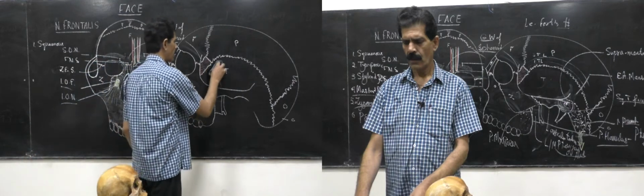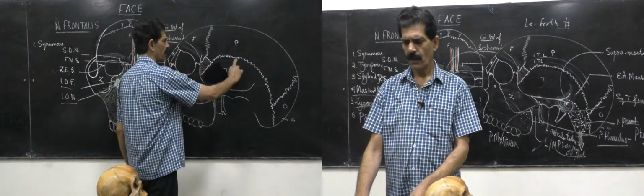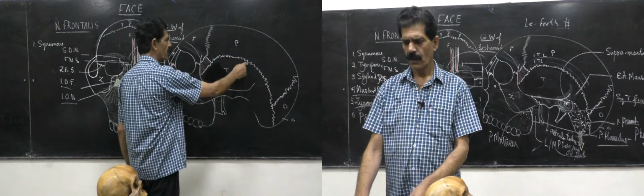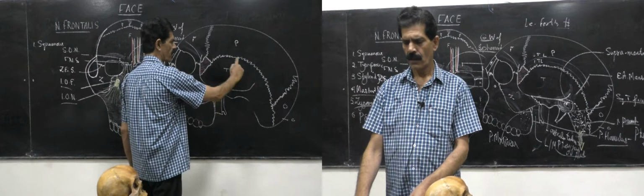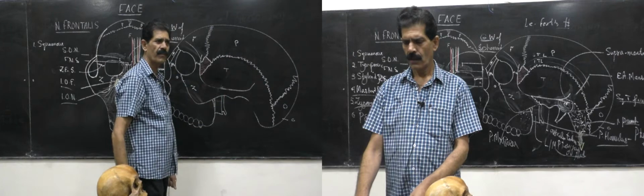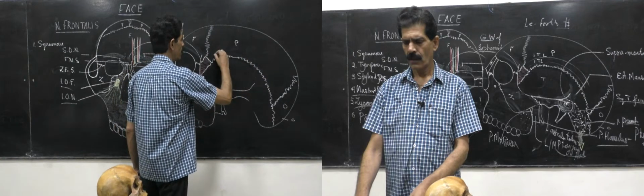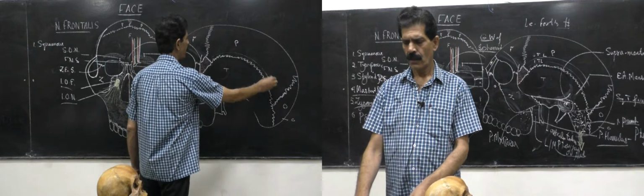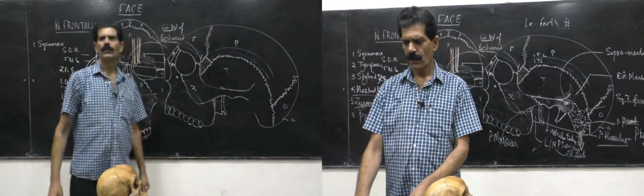The next part, just above this, there is a suture between the temporal bone and the parietal. This is called the temporoparietal suture, meeting of the two bones. And over and above this suture, convex upward, there lie two faint lines on the parietal bone.